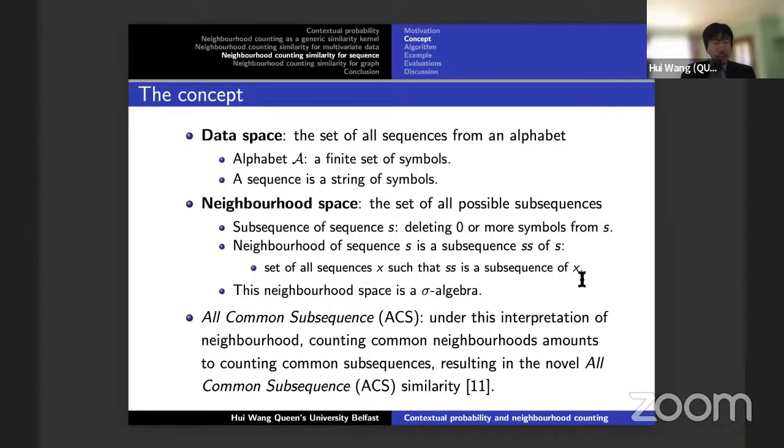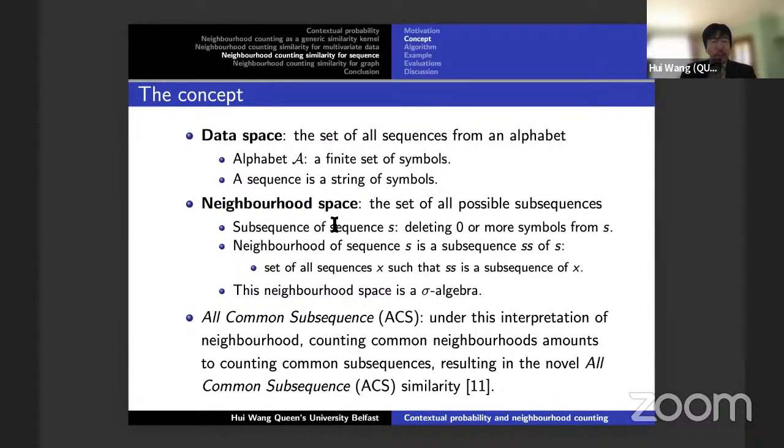So in the case of sequences, the data space is simply the set of all sequences from a given alphabet. We start with an alphabet, which is similar to the attributes in the previous case. Then the set of all possible sequences definable from this alphabet would be our data space.